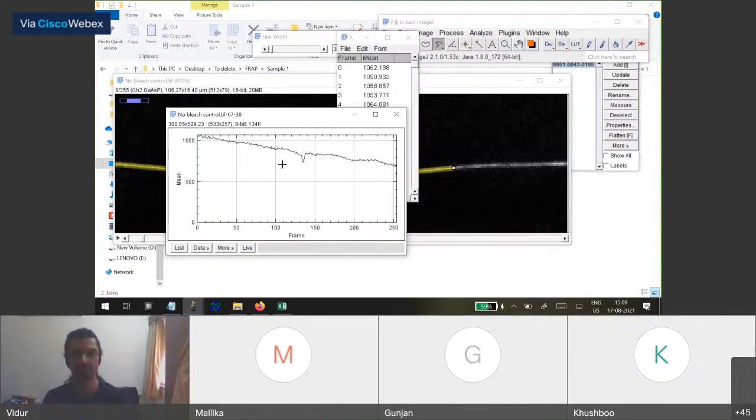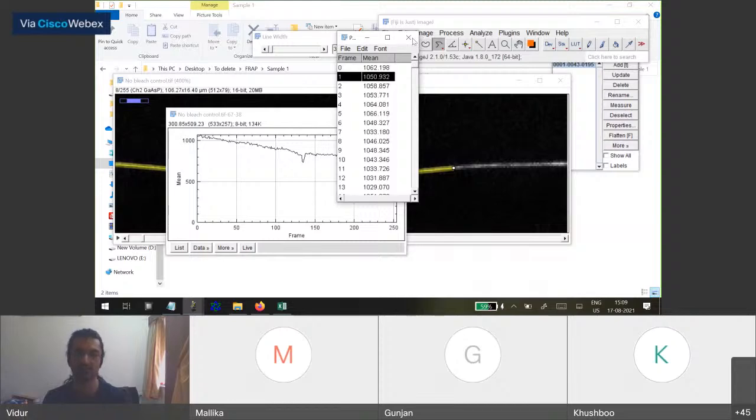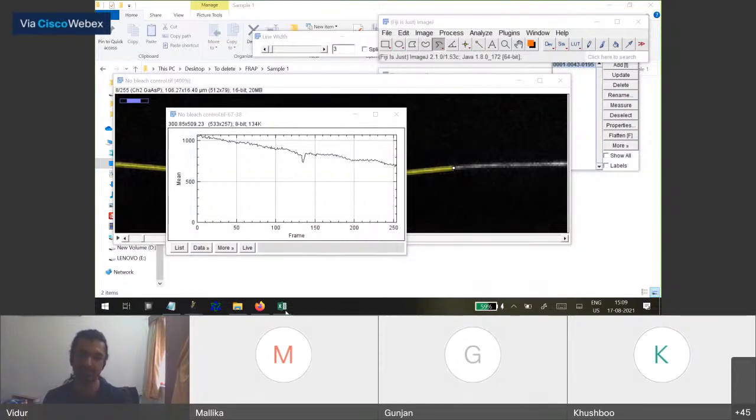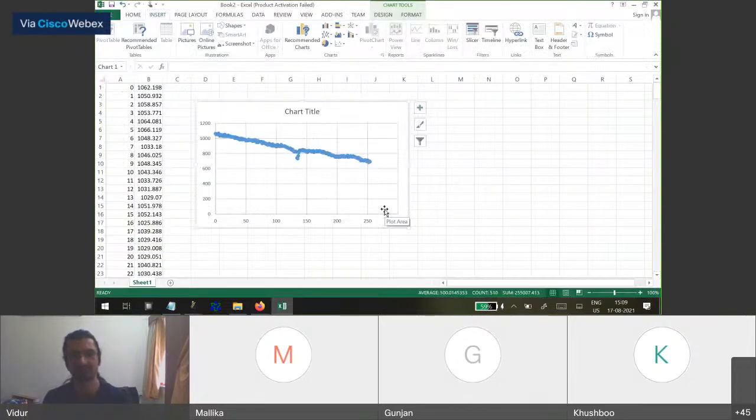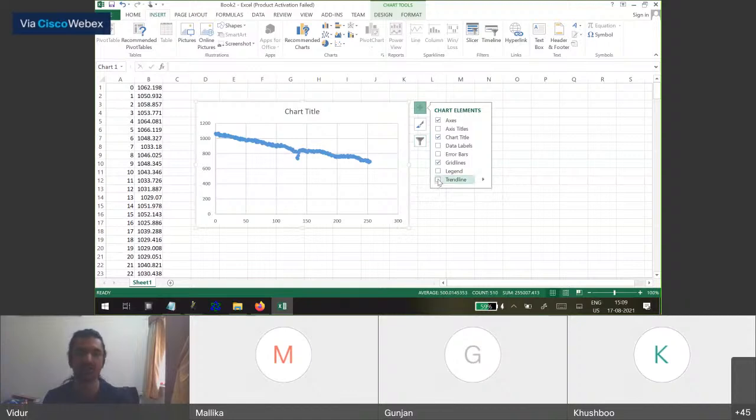And once you press list, you just copy paste these values into Excel and plot it. Once you plot it, what you can do is you can add a trend line.